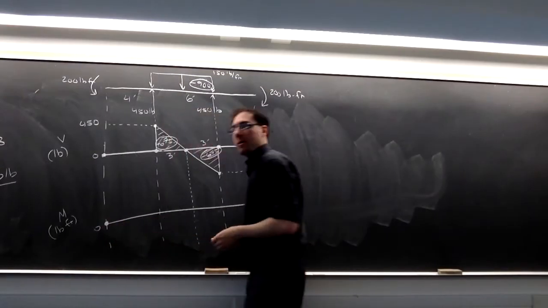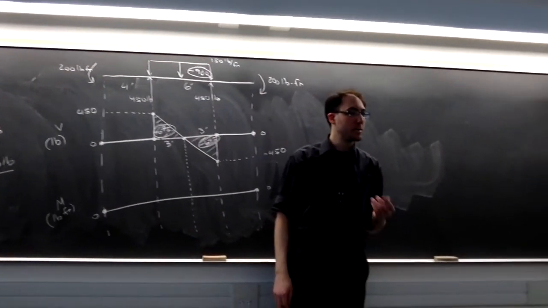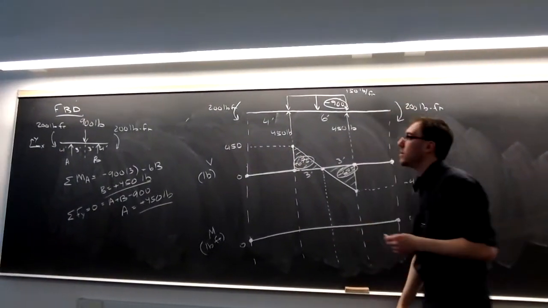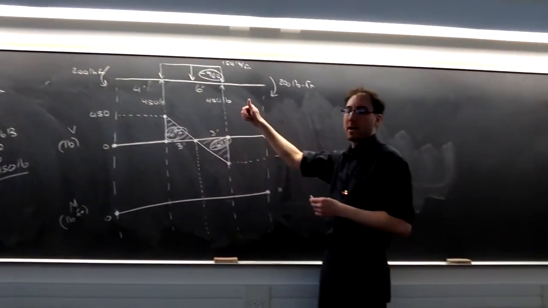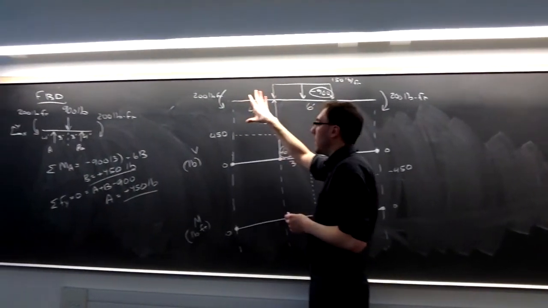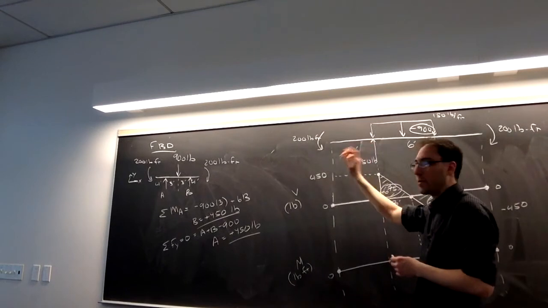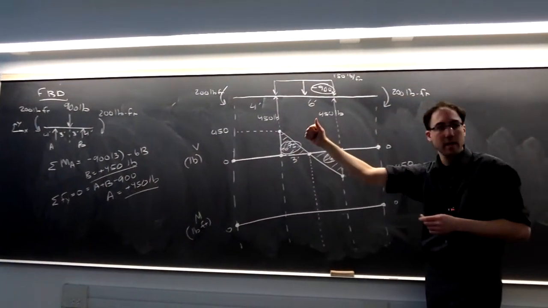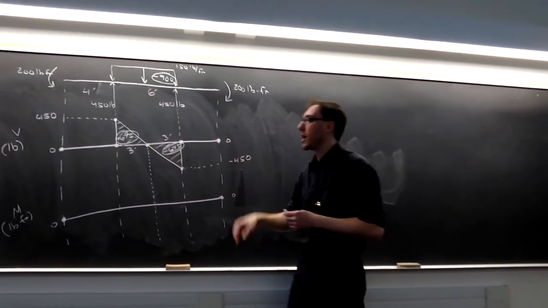We start at 0, and we see, do we have any couples on the line? And we do. We have a 200 pound-foot couple in the counterclockwise direction. Remember, this part is a little bit reverse of what you would think. It's a positive couple externally, but internally it's a negative couple.